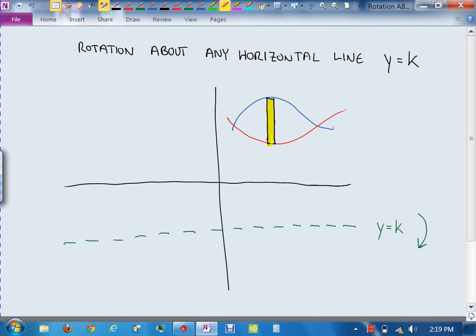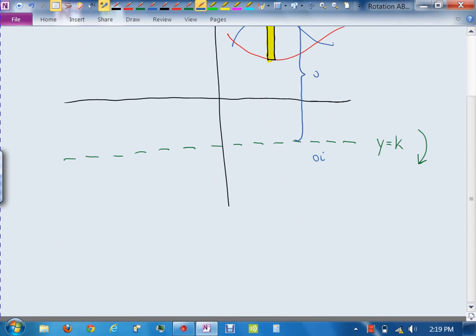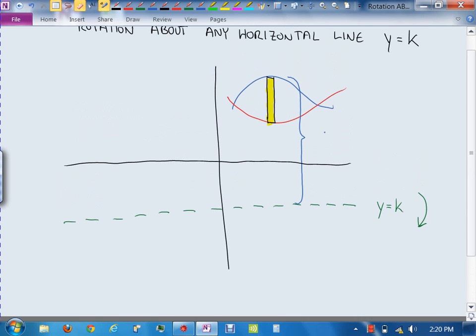So I'm going to draw it like this, I guess I'll do it in blue. The distance from here all the way down is what I'm going to call the outer radius.